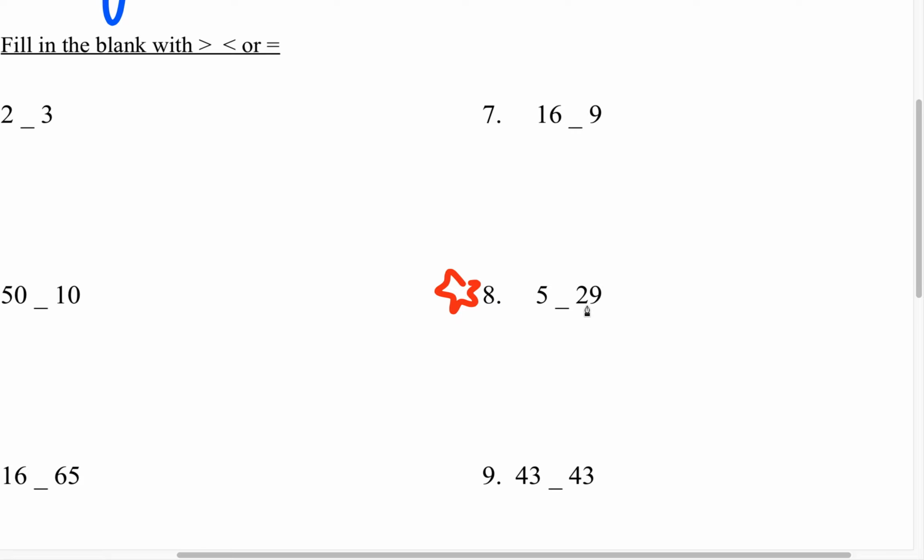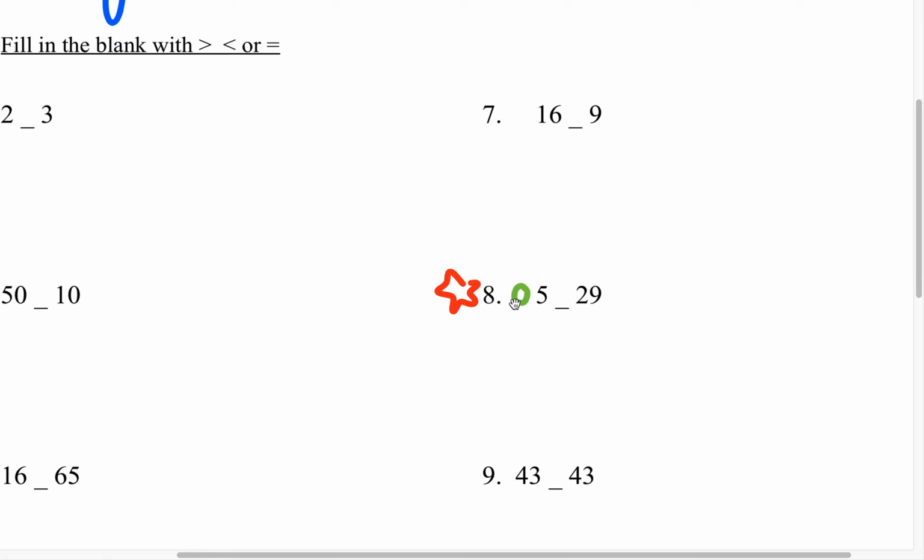If we do that, we might think, oh, 5 is greater than 2, so this is right. But that's wrong, because 29 has 2 digits and 5 only has 1. So let's make that even. We put a 0 as a placeholder, so now there are 2 digits on both sides.